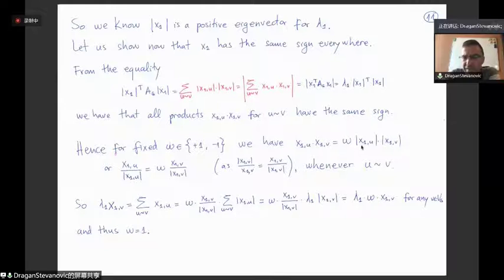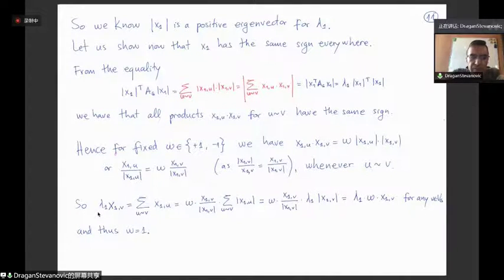Now, when we divide this equality by the product of absolute values, both x1u over the absolute value and x1v over the absolute value appear on the left. But we use the fact that this ratio is equal to +1 or -1, so it is equal to its reciprocal value. So we can move it from the left to the right in the same form, and we can write this equality. So this happens whenever u and v are adjacent.